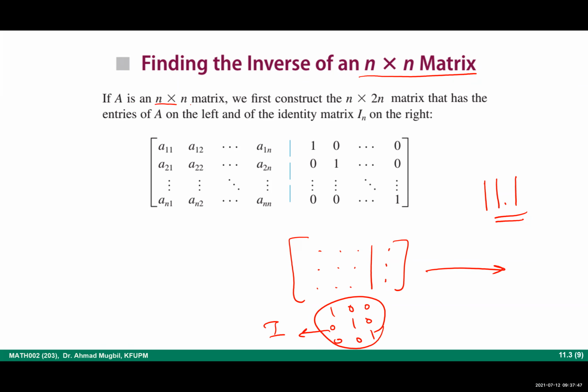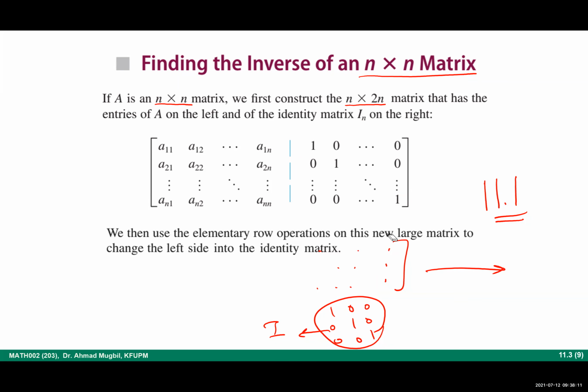If we have an n by n matrix and we want to find the inverse of this matrix, we will construct a large matrix, n by 2n, that has the entries of A on the left and the identity matrix on the right.